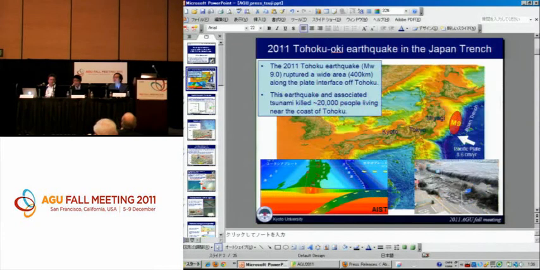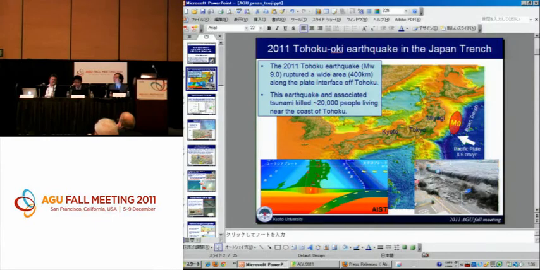In Japan, there's another plate subduction zone, the Nankai Trough. Even in the Nankai Trough, there is a mega splay fault branching from the plate interface. Before this mega earthquake, we believed the earthquake rupture propagated to the mega splay fault, which is a reverse fault.